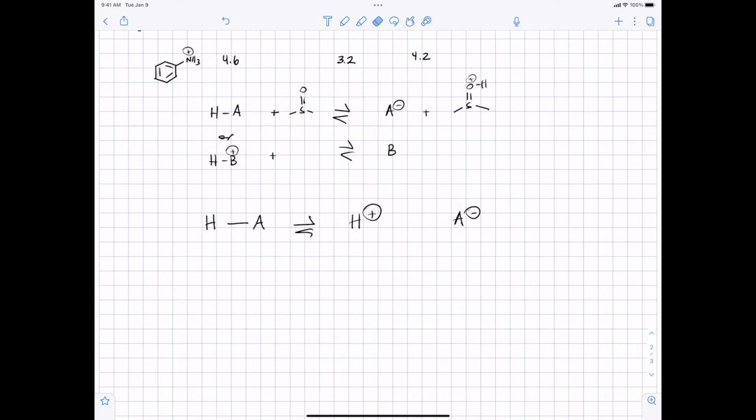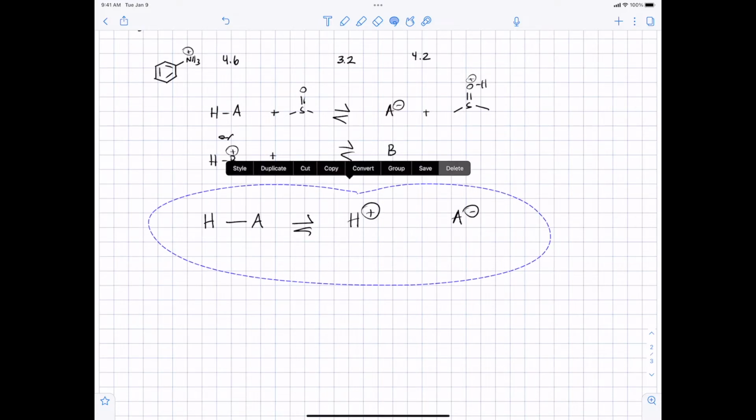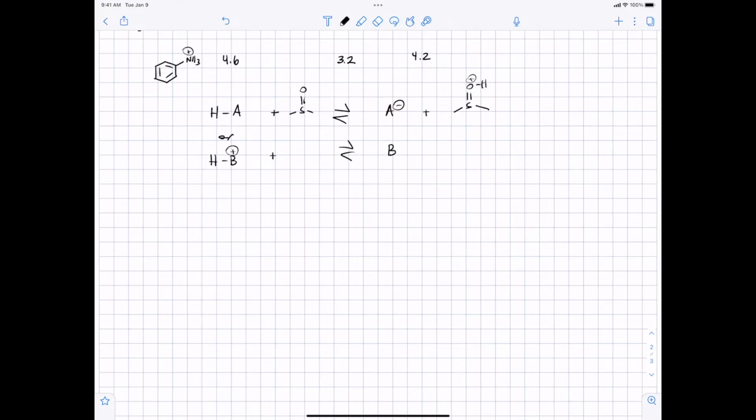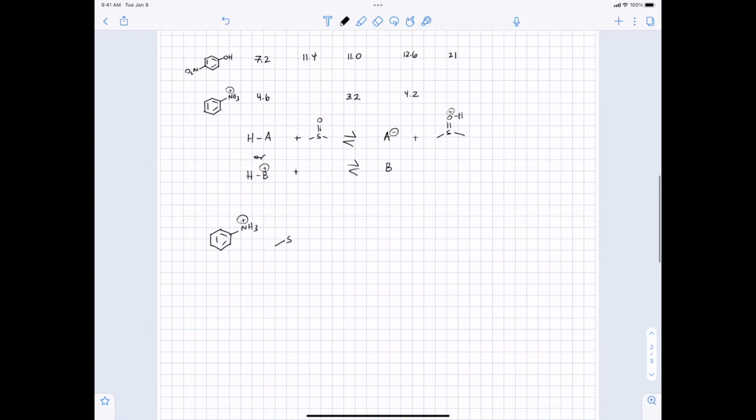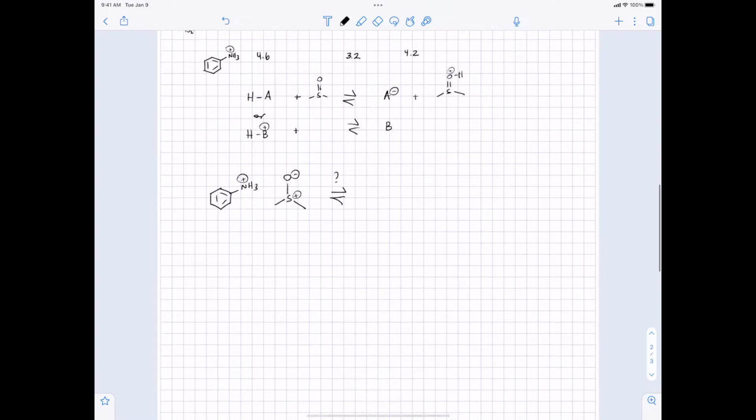And so in any solvent, when we're measuring acidity, we need to consider not only the acid losing its proton, but then also the solvent. And let's suppose it was, again, DMSO. Here's one of the resonance structures of DMSO. You have to consider there's two things going on here. First, the acid is losing its proton to become the conjugate base.